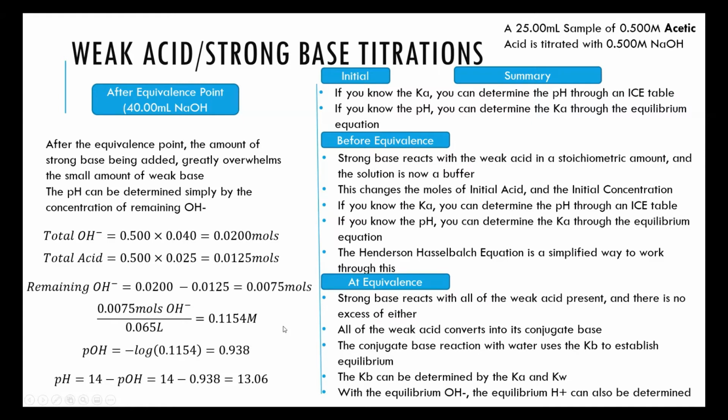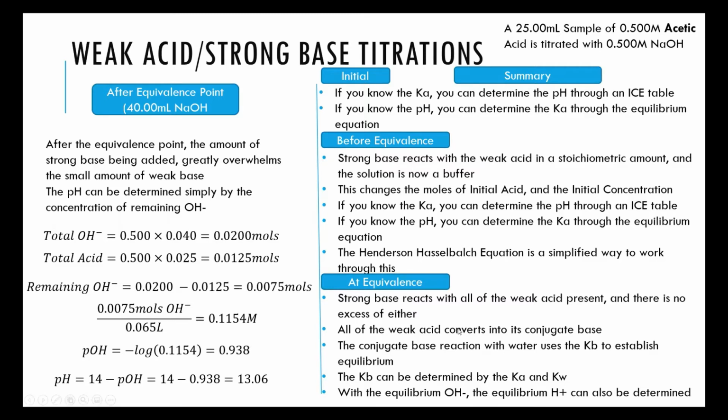With the concentration of hydroxide, you can determine the pOH, and finally the pH of the solution, which would be 13.06. So in summary, at the start of the titration, if you know the Ka, you can determine the pH through the ice table. And if you know the pH, you could determine the Ka through the equilibrium equation.